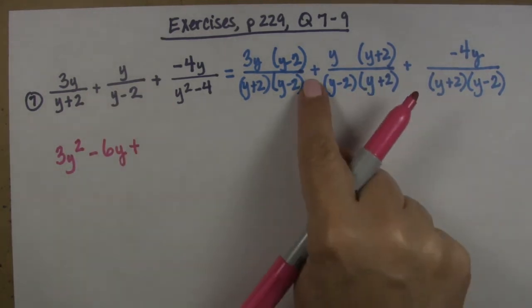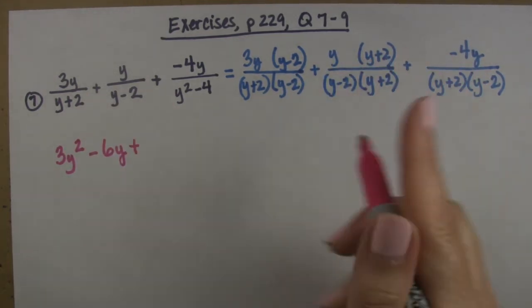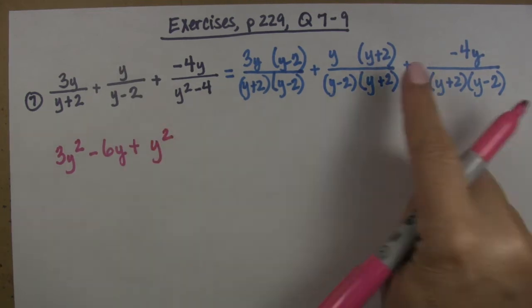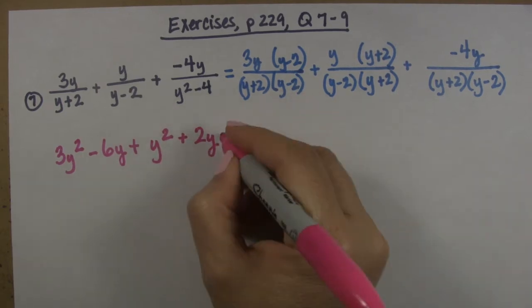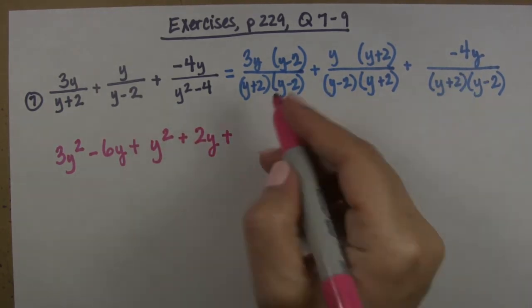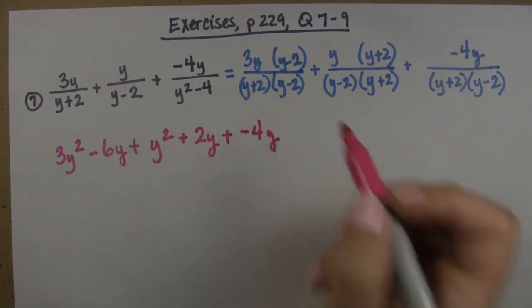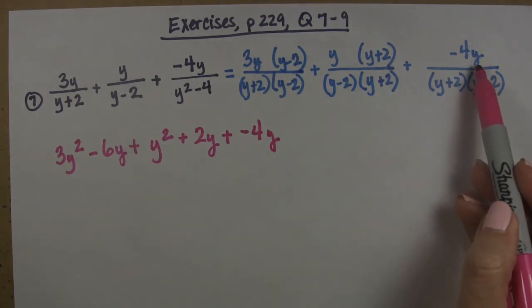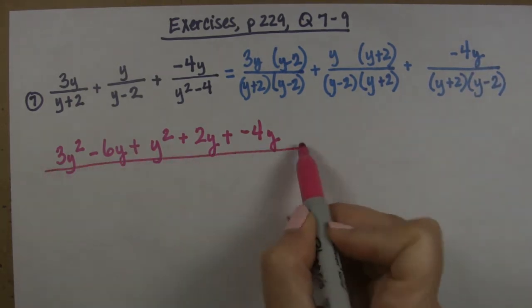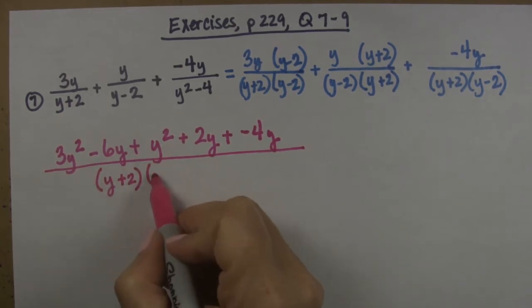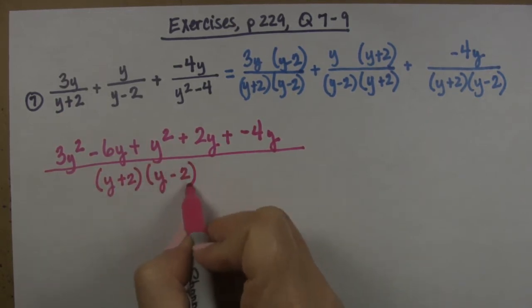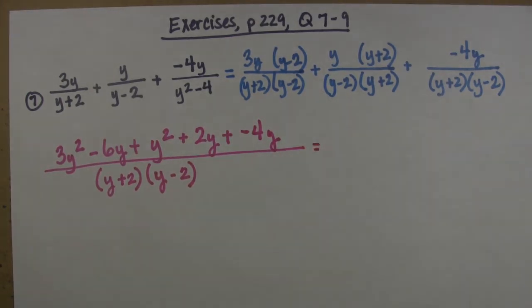Then I have a plus sign, and then I do y times y, which is y squared, and y times 2, which is 2y. And then another plus sign, and then I just get to stick that negative 4y on there because that's not getting multiplied by anything. And then this whole thing is over my common denominator of y plus 2 times y minus 2.